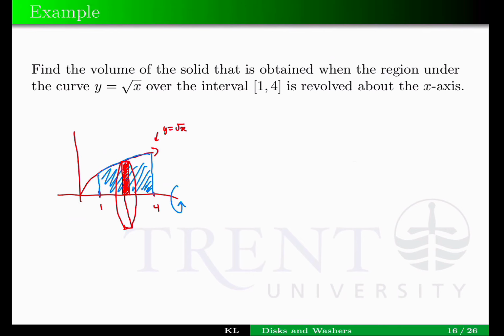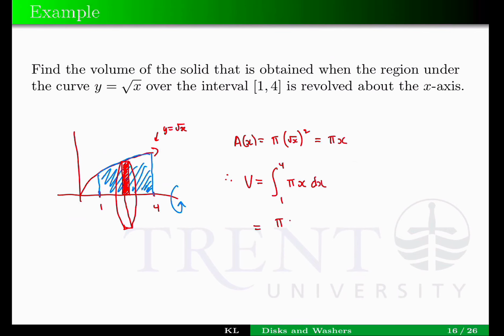So the area function will be pi square root of x squared, which is simply pi x. Therefore, the volume of the solid of revolution will be the integral from 1 up to 4 of pi x dx.